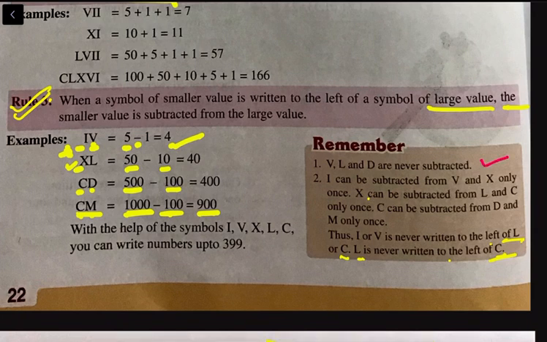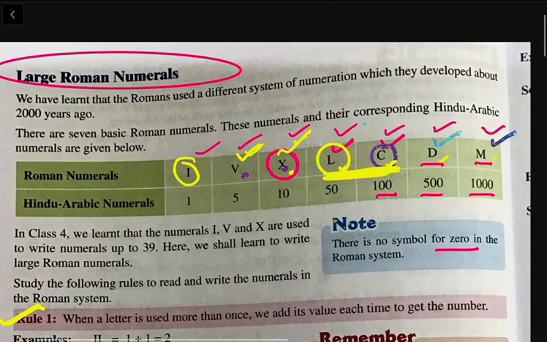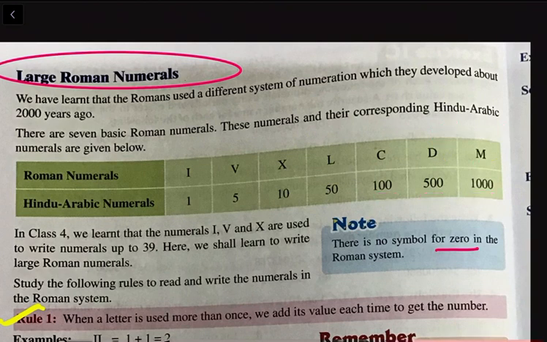We cannot subtract V, L and D. I can be subtracted from V and X. X can be subtracted from L and C. C can be subtracted from D and M.